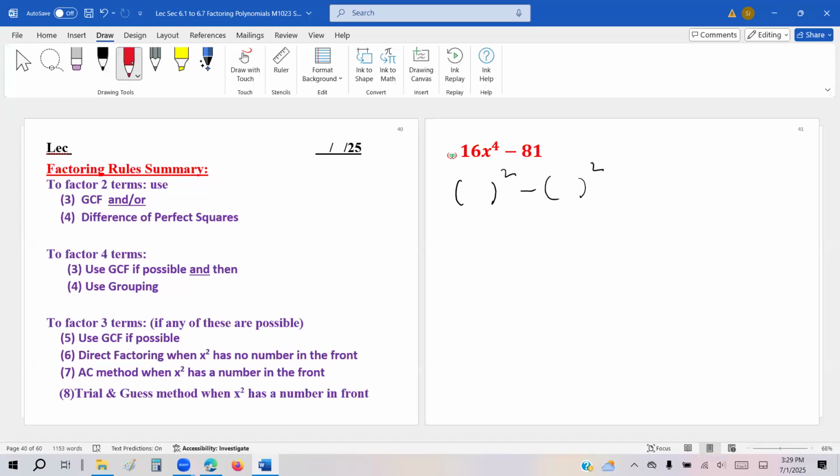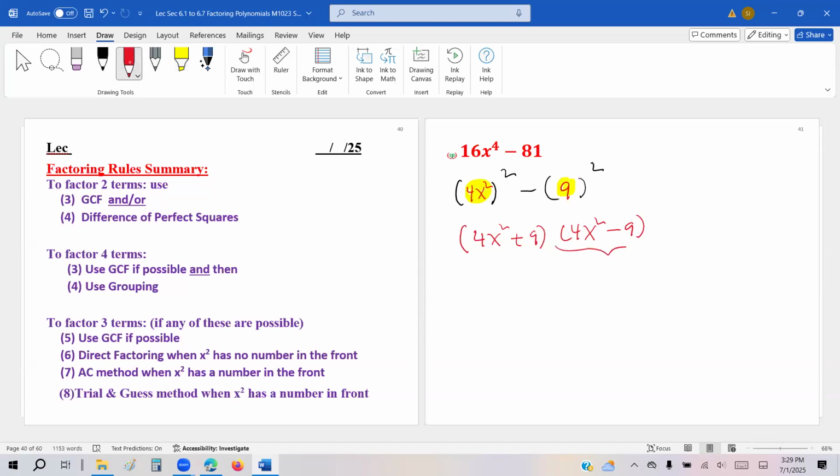So 16x to the 4, how do we rewrite? 4x squared. And 81 is what square? 9. So what are the 2 factors we have? 4x squared plus 9, 4x squared minus 9. So we take the 2 bases we have, add them, subtract them.